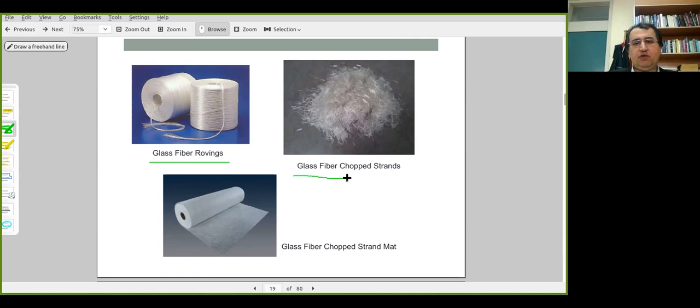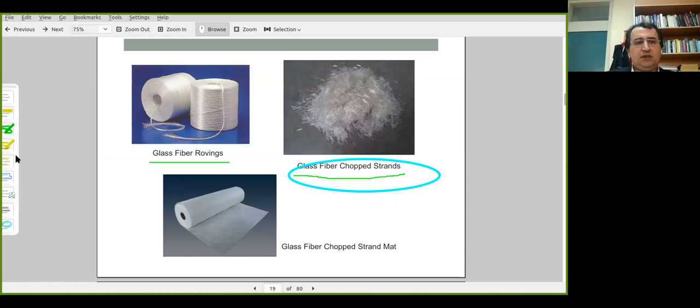A second unwoven form is chopped strands, or glass whiskers. During processing of glass fibers, these strands are chopped into shorter lengths, and then these chopped strands are produced as reinforcements.